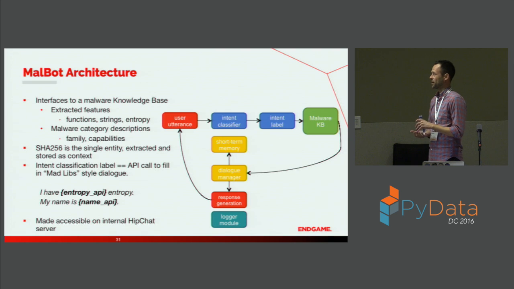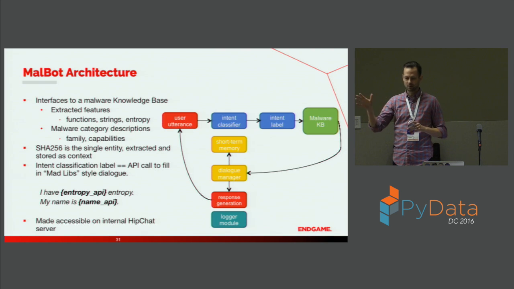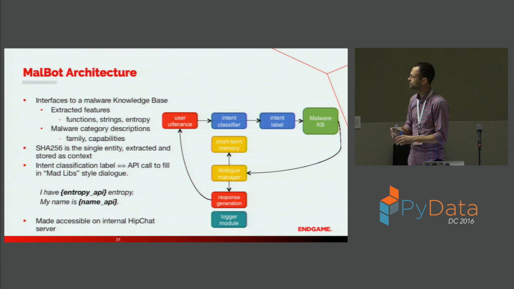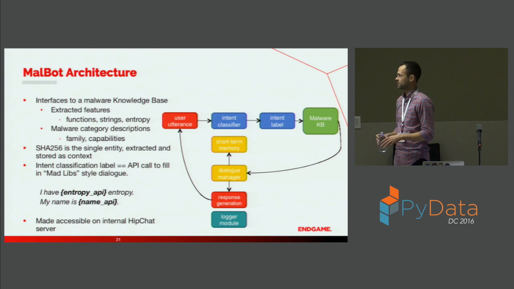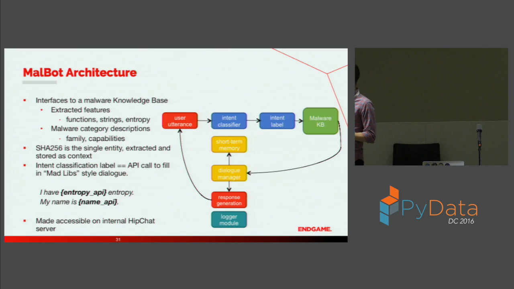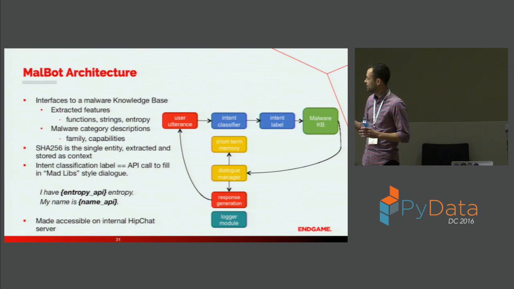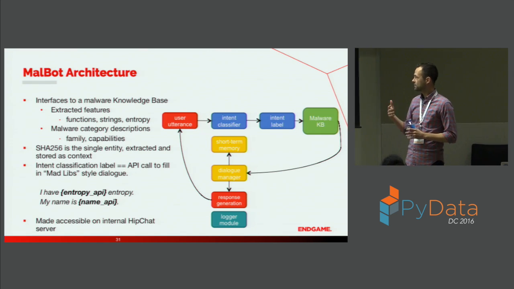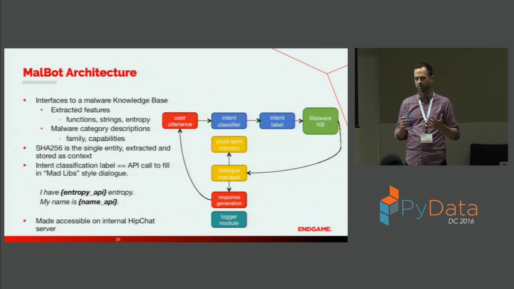So what are we looking at from an architecture standpoint? We kind of saw some examples on how to do this in Python, but how does this all actually scale out? The easiest way to describe this is we start with the user utterance or user input, and then what Malbot's constantly doing is it needs to know what it's talking about. Because you can't just jump in and start talking about malware because he has no context.